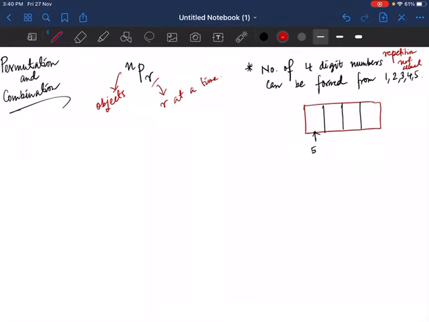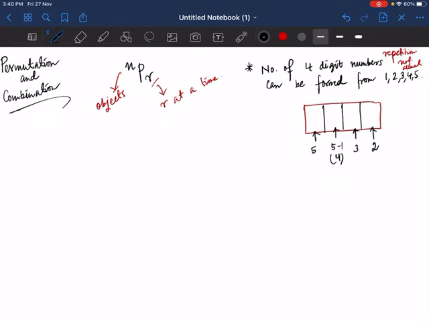So the second compartment can be filled in 5 minus 1, that is 4 ways. Why 5 minus 1? Because we have already used one number in the first compartment and the same number we cannot use in the second compartment. So the third compartment will be 3 ways and the last compartment will be 2 ways.